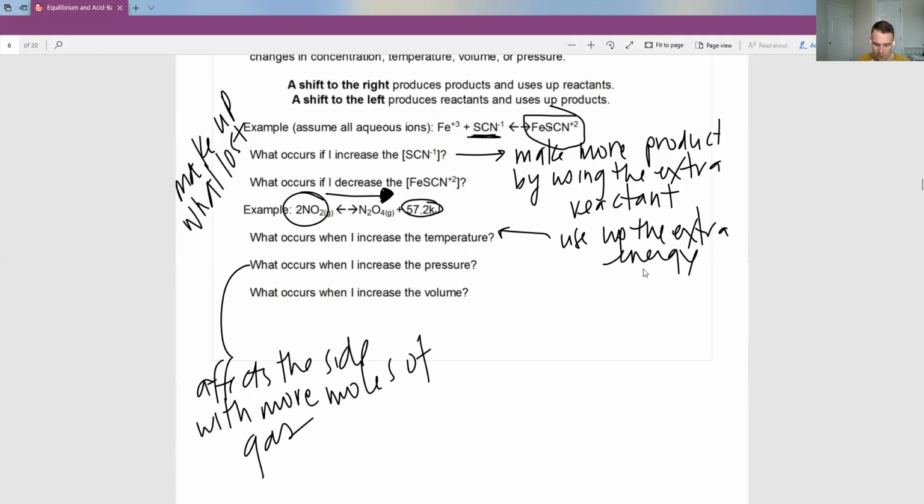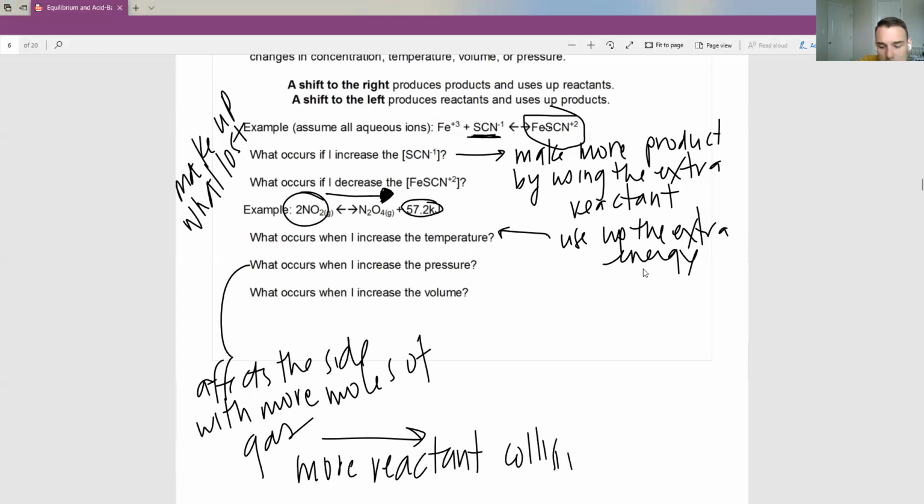More collisions will happen on the reactant side, which means it's going to shift to the right. So we're going to have more reactant collisions, so more products formed, which hopefully makes sense to you.